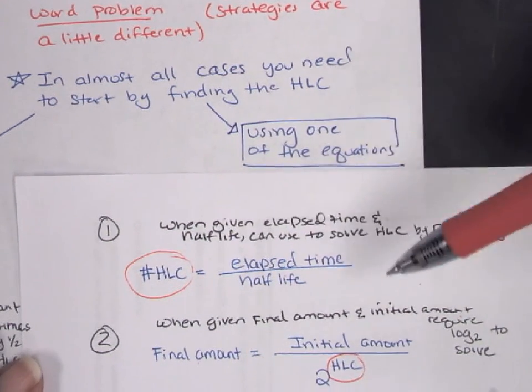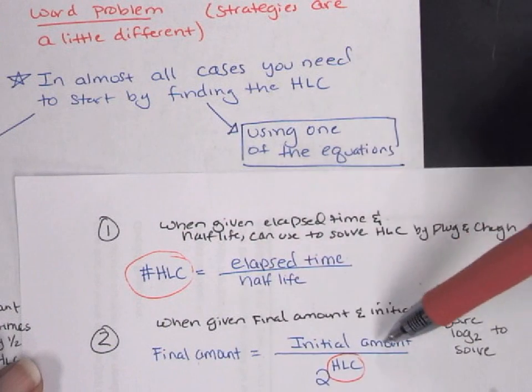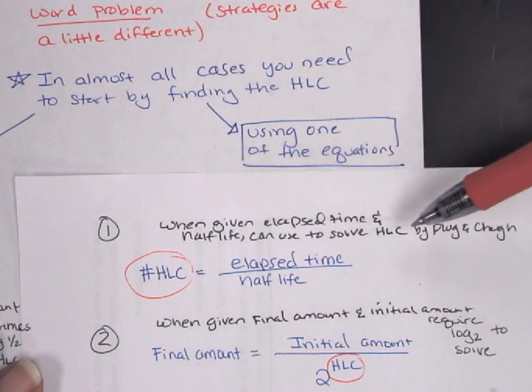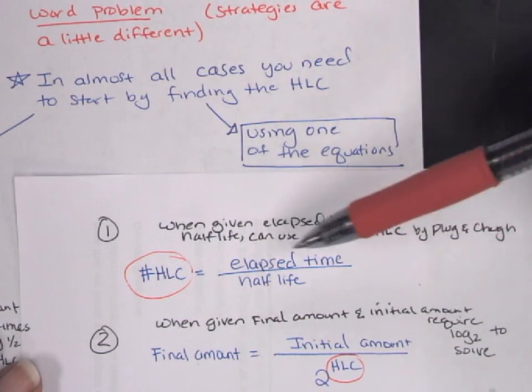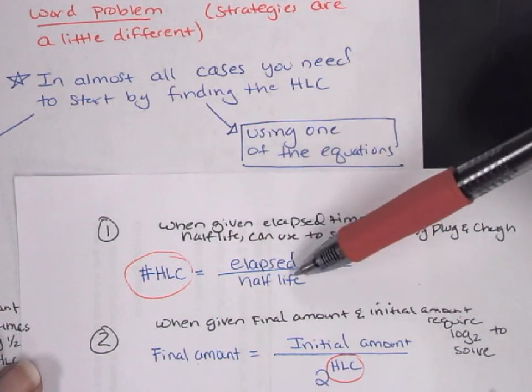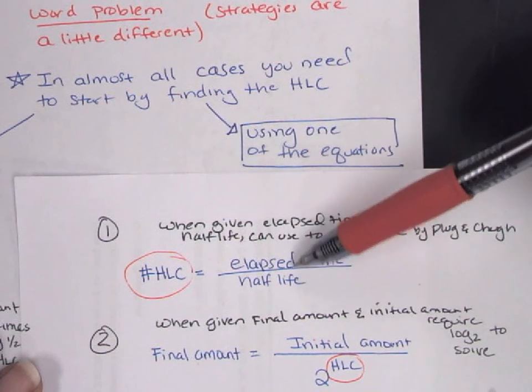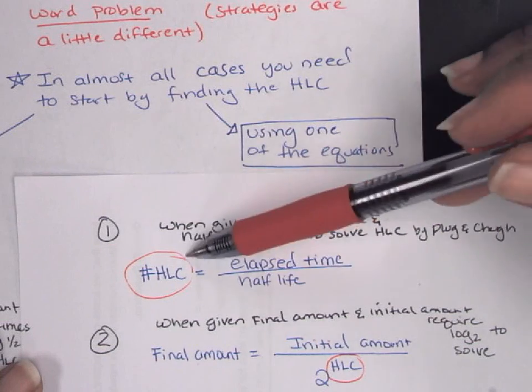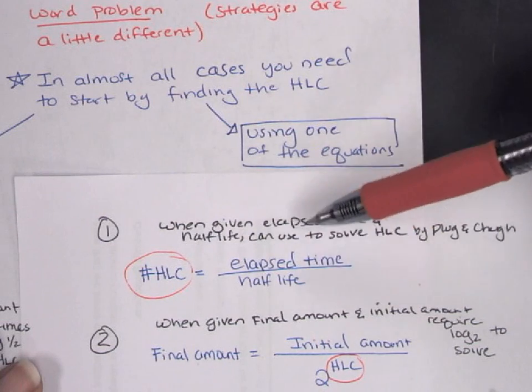If, on the other hand, your problem gives you the final and the initial amounts, you're going to use equation 2. Now, in using equation 1, this is essentially what I like to call plug and chug, where you plug in the values that you do have, your elapsed time and your half-life, and solve for your half-life cycle. This doesn't require logs.